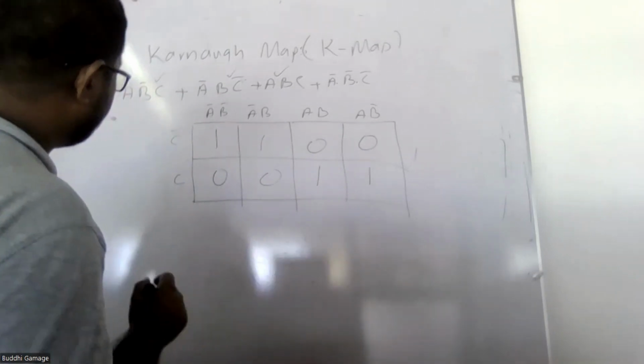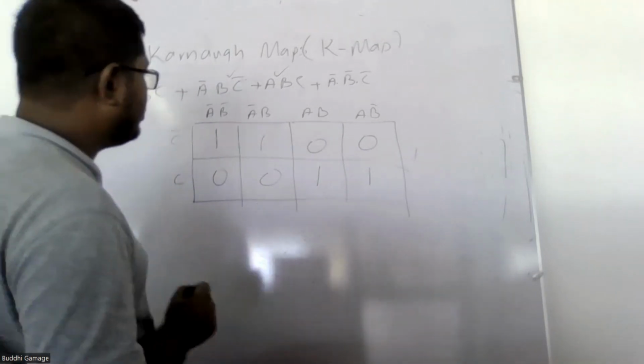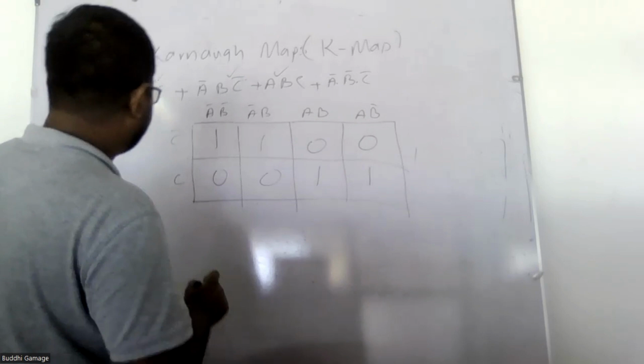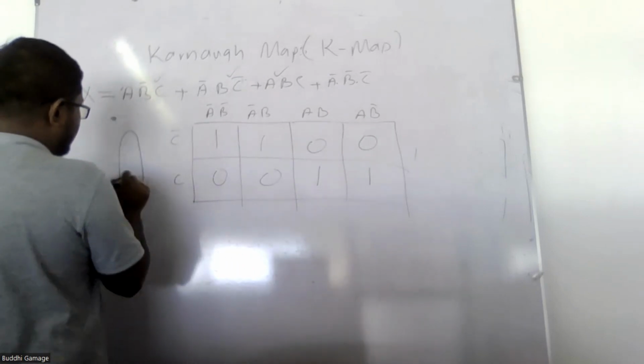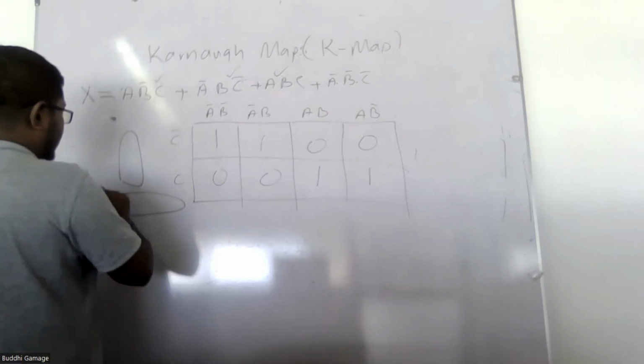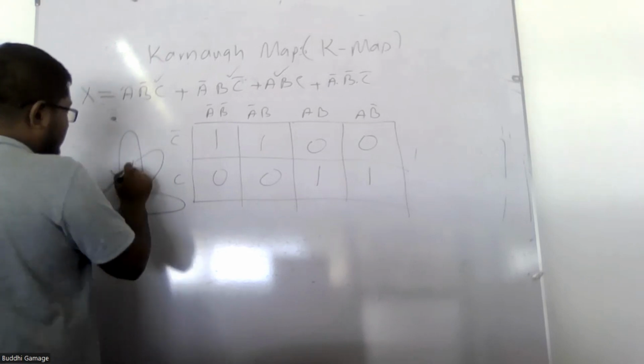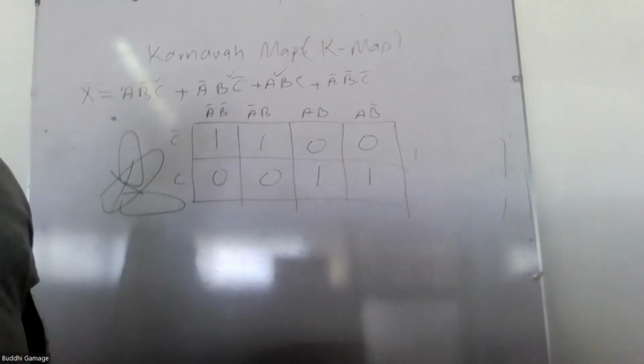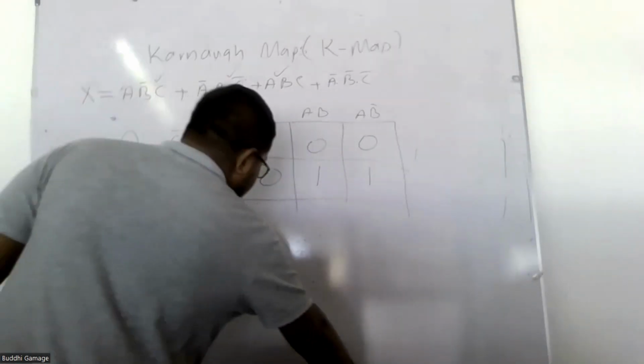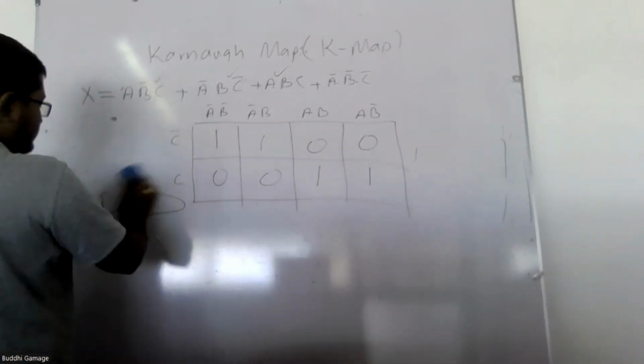For grouping, there are some rules. Grouping should be done vertically or horizontally, this way or this way, not diagonally. You can't do the grouping diagonally, only vertical and horizontal.